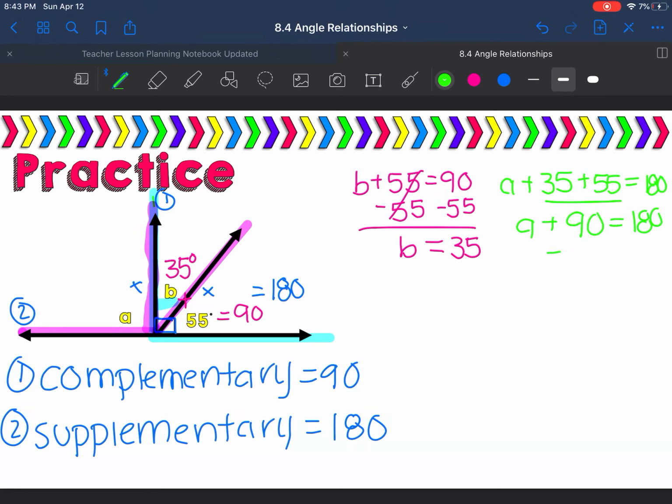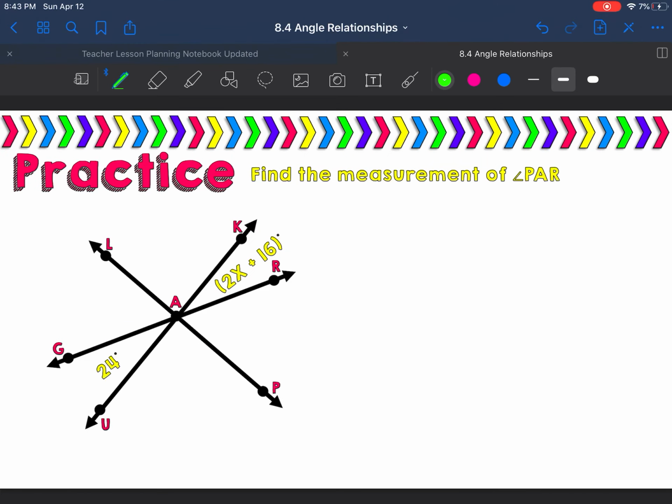In this problem, I'm adding 90, so I need to subtract 90 from both sides. Plus 90 minus 90 gives me 0, so that leaves me with A equals 180 minus 90, which is 90. So angle A is equal to 90 degrees. And there we have it.